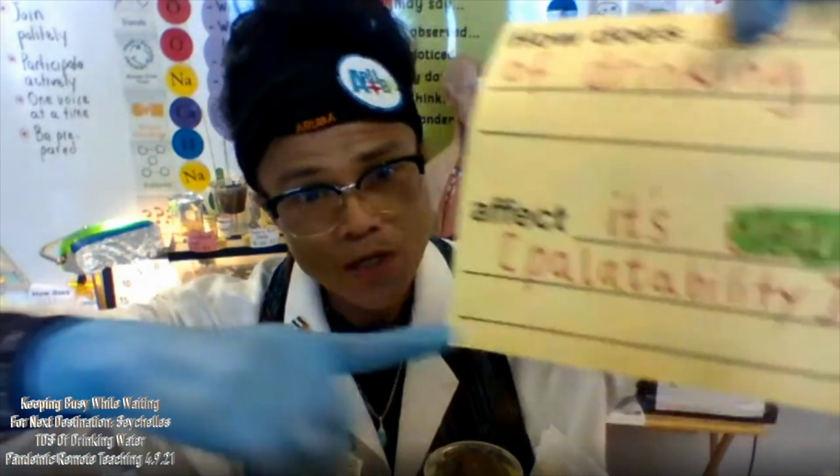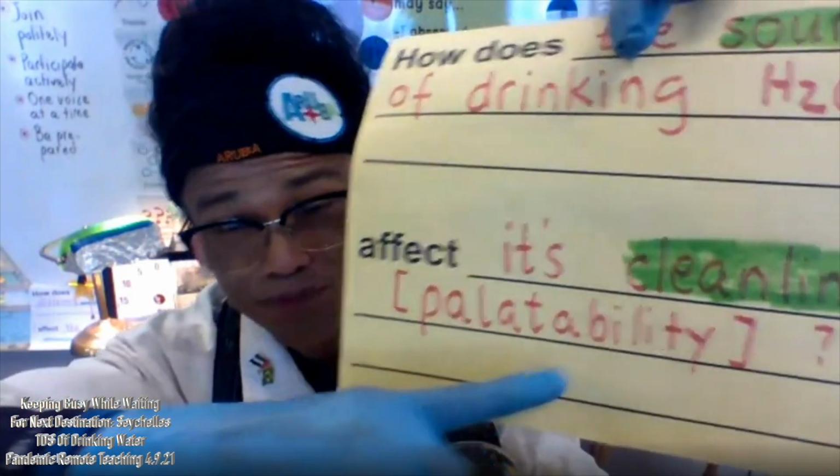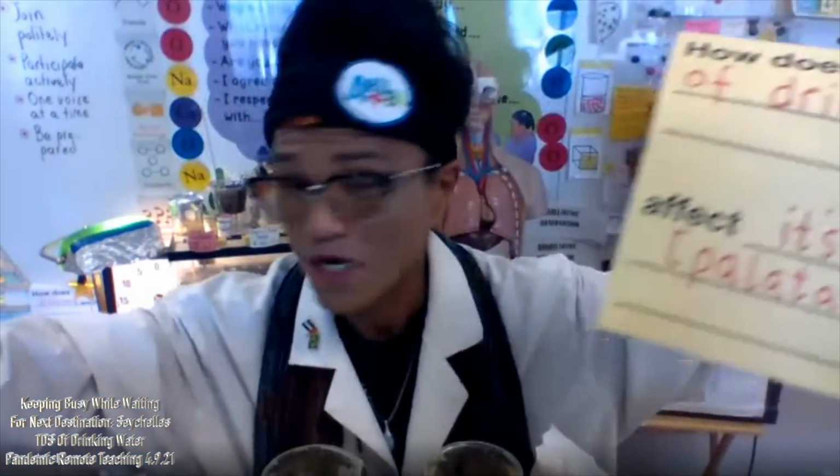Or if you want to sound so sophisticated that people say, oh wow, what a word you use, it's excellent. We call it palatability. To make it simpler for ordinary people to understand, let's use the word cleanliness or drinkability.